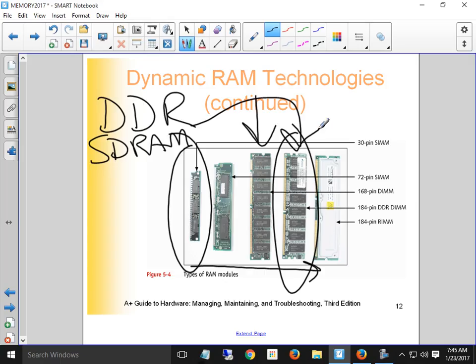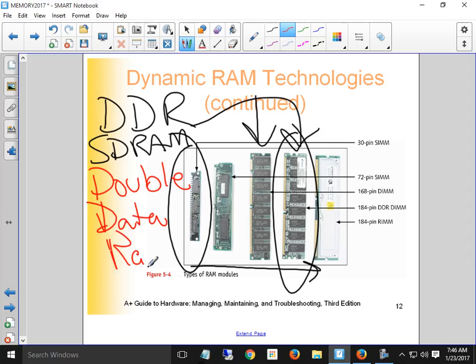And the DDR part, does anybody know what that stands for? Okay, so when we say it's DDR SDRAM, it stands for double data rate. As it evolved, the first one was called DDR RAM because it was double the speed of this one.